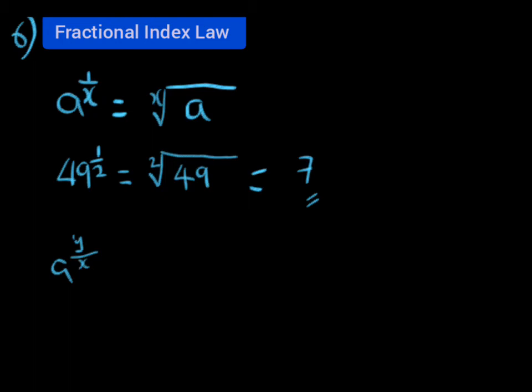This is pretty much the same as a raised to power 1 over x, but in this case your y becomes your power or your index, and your x still remains your root. So the rule is saying that whatever value you have at your numerator becomes your power, and whatever value you have at your denominator becomes your root.